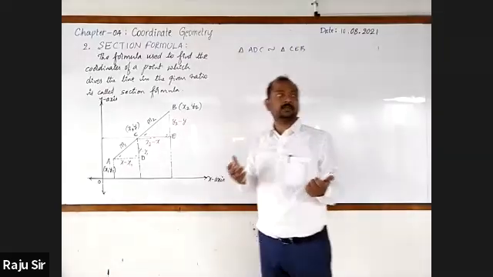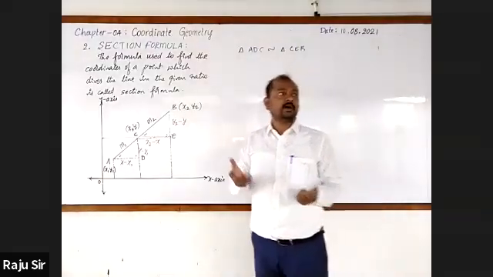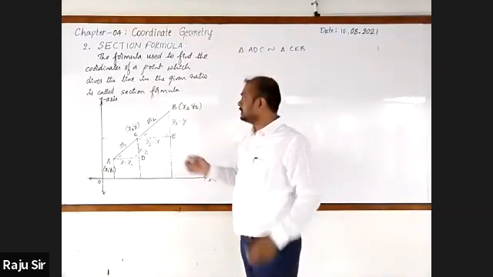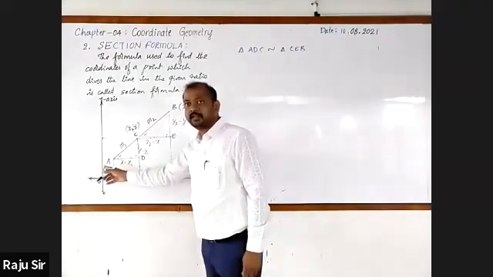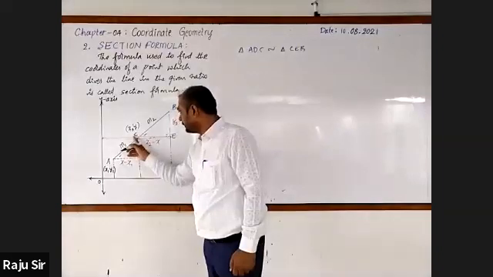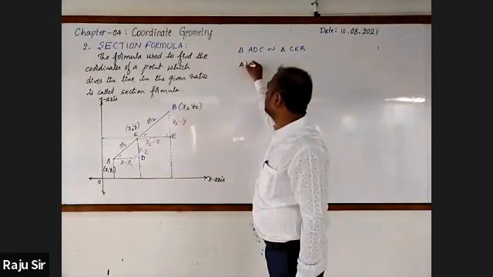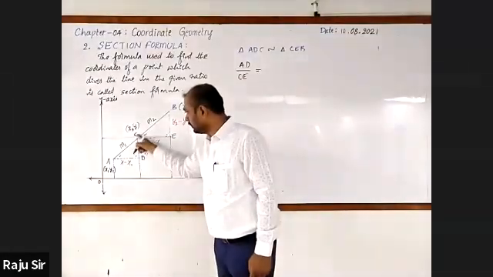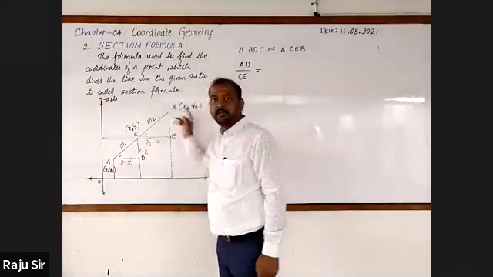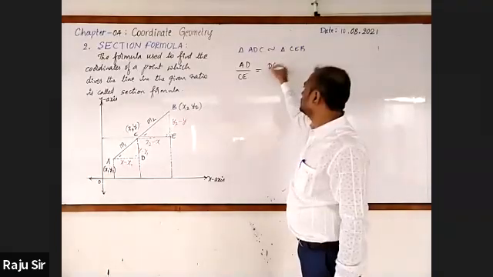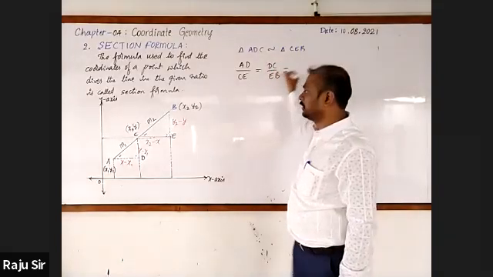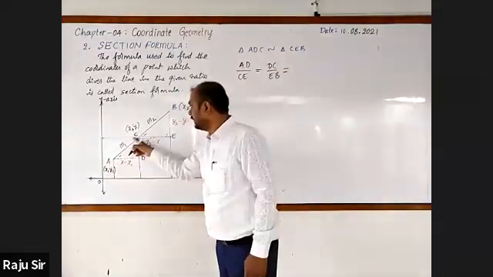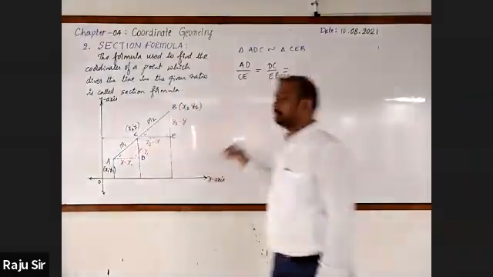Corresponding sides will be in the same ratio, or else they are in proportion. Hence, I can write the sides like this: AD by CE equal to DC by EB, equal to AC by CB.